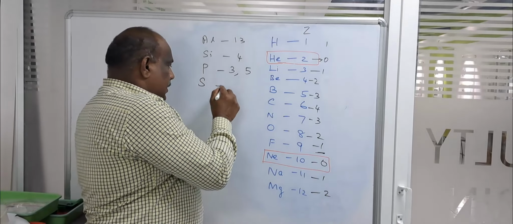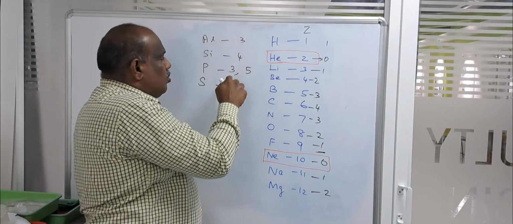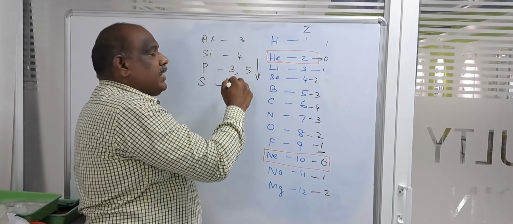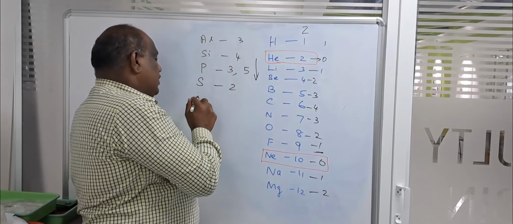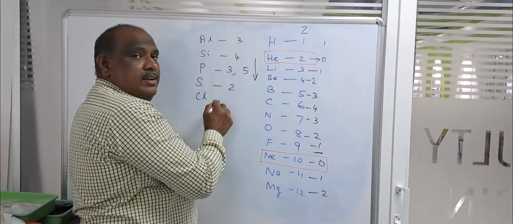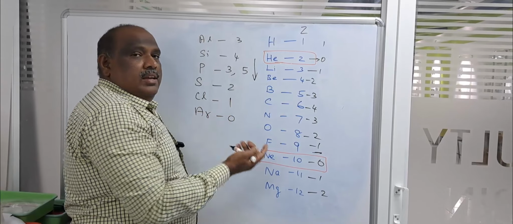Then sulfur. Let us come down again, from 4 to 3, then 3, 2. Sulfur is 2. Then chlorine. What is the valence of chlorine? 1. What is the valence of argon? 0, because it is a noble gas.